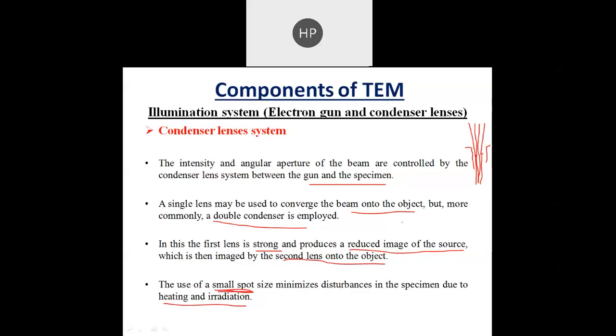And a small spot means we are reducing this beam drastically and it will reach the specimen, okay, and it will be spotted on a very narrow part of the specimen, so that whatever heating and irradiation effect there is in the specimen can be reduced, and that is the use of a condenser lens.